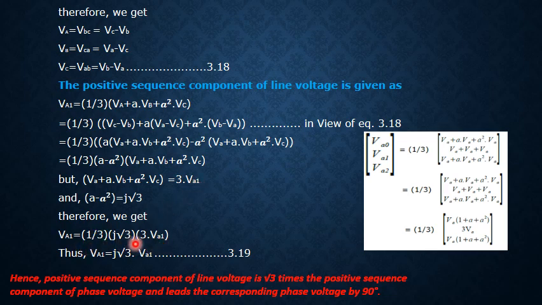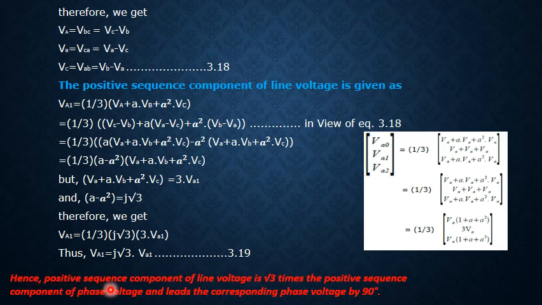If you further simplify, this 3 and this 3 get cancelled. What remains is the line voltage VA1 equal to root 3 times the phase voltage. That's the normal relation between line voltage and phase voltage we know for the star connection: line voltage is root 3 times the phase voltage.